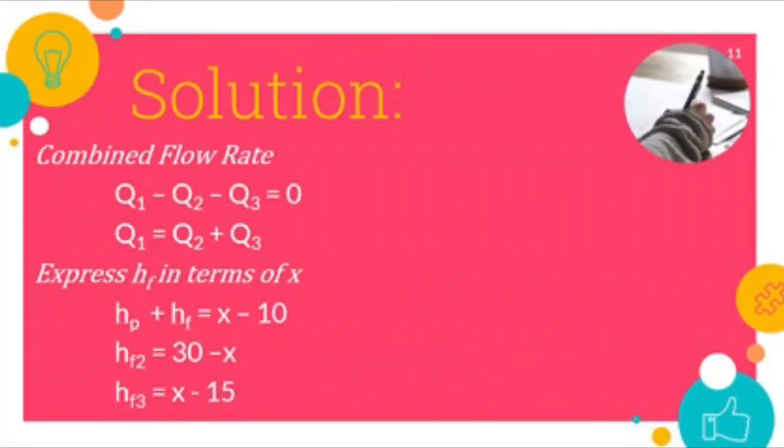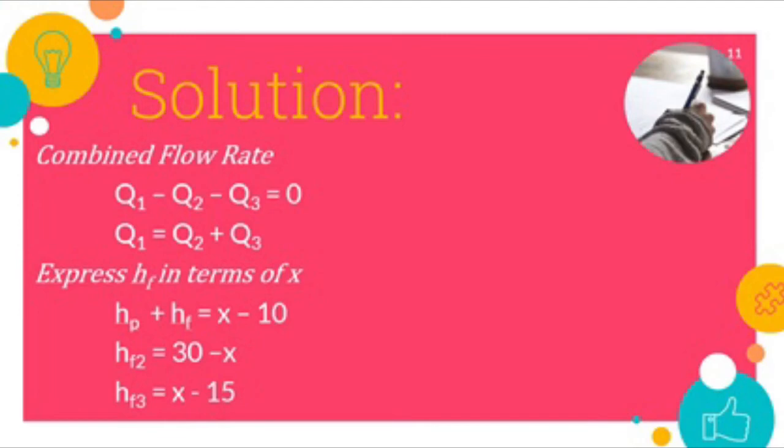For number 2 solution, we need to get the equation for the combined flow rate. Q sub 1 minus Q sub 2 minus Q sub 3 is equal to 0. Therefore, our combined flow rate equation is Q sub 1 equals Q sub 2 plus Q sub 3.